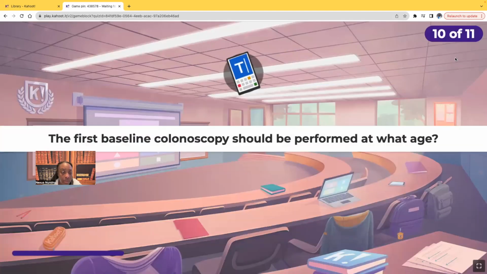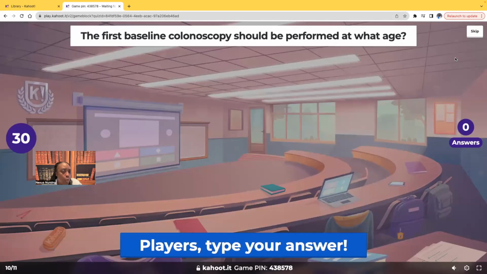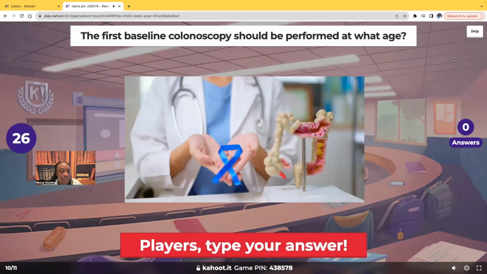All right, type in your answer. The first baseline colonoscopy should be performed at what age?